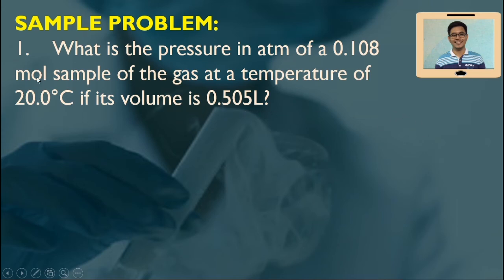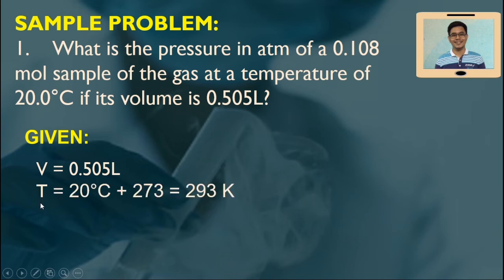So after you've analyzed the sample problem, first thing you need to do again is to list down all the given values. So let's have our V, which is our volume, equal to 0.505 liters. So no need to convert it to milliliters because again, our volume must be expressed in liters. And next, given is our temperature, which is 20 degrees Celsius.